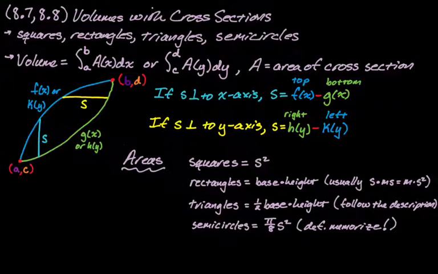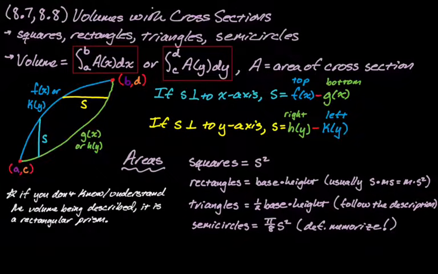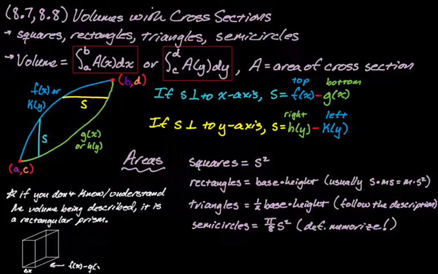I want to add the caveat. We're always just integrating area of a cross section. If you don't know or understand the volume that they're describing to you, take it from me, it is a rectangular prism. You can think of almost everything as a rectangular prism if you make things small enough. And because of that, you can always draw a rectangular prism and then label it up. So you've got your delta x, maybe that's S, right?